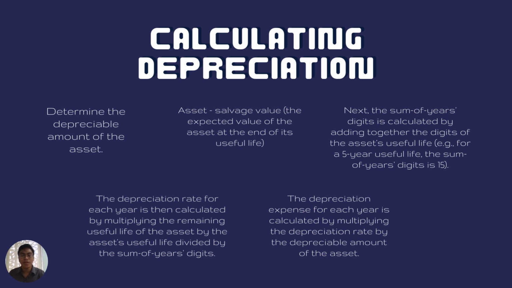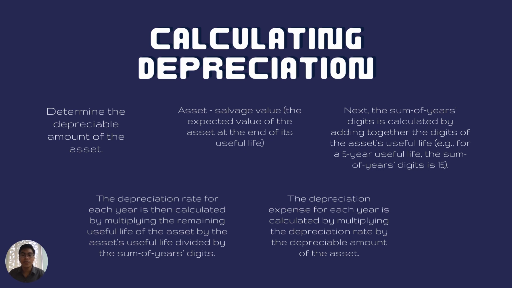Next, the sum of years digits is calculated by adding together the digits of the asset useful life. For example, for a 5-year useful life, the sum of years digits is 15: 1 plus 2 plus 3 plus 4 plus 5.